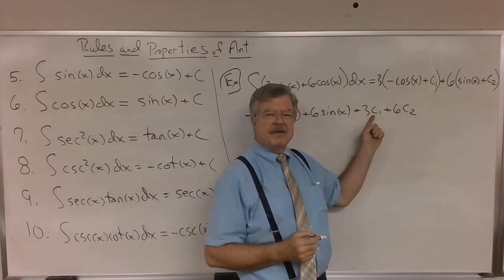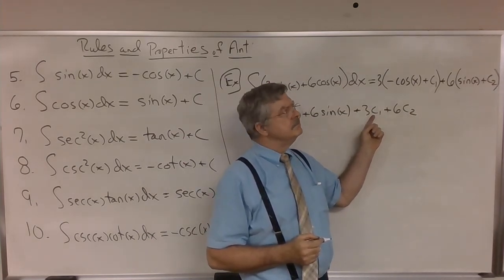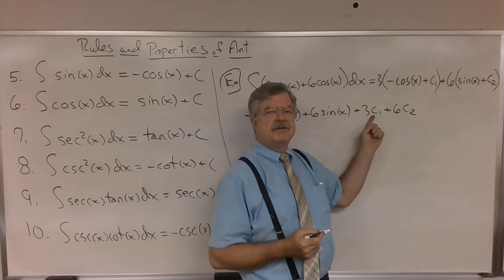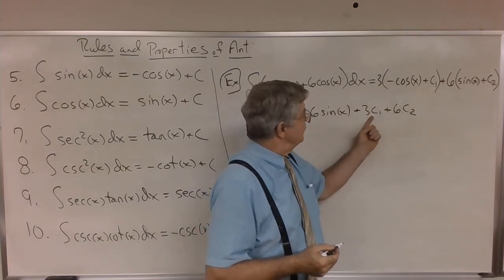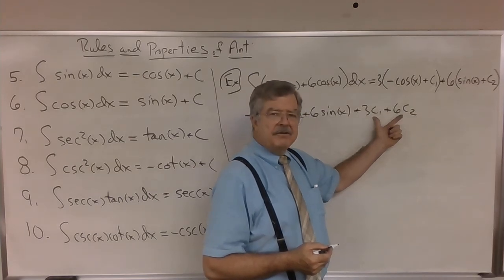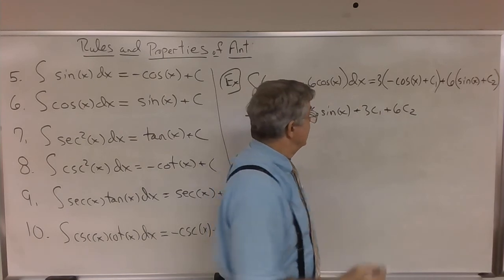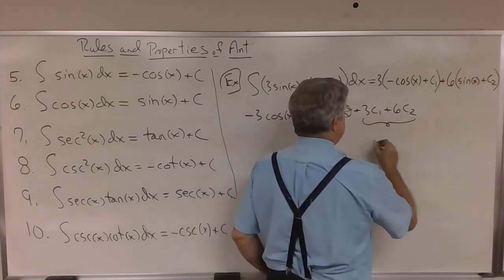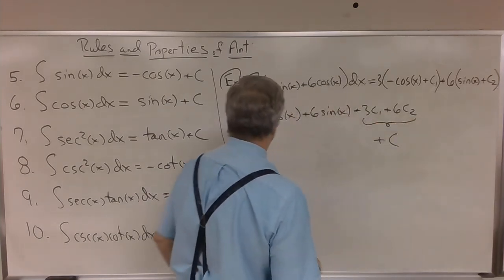What's a constant times a constant? It's another constant, right? So this is a constant, this is a constant. What do we get when we add a constant to a constant? Another constant, right? So this is all one big constant, plus c.